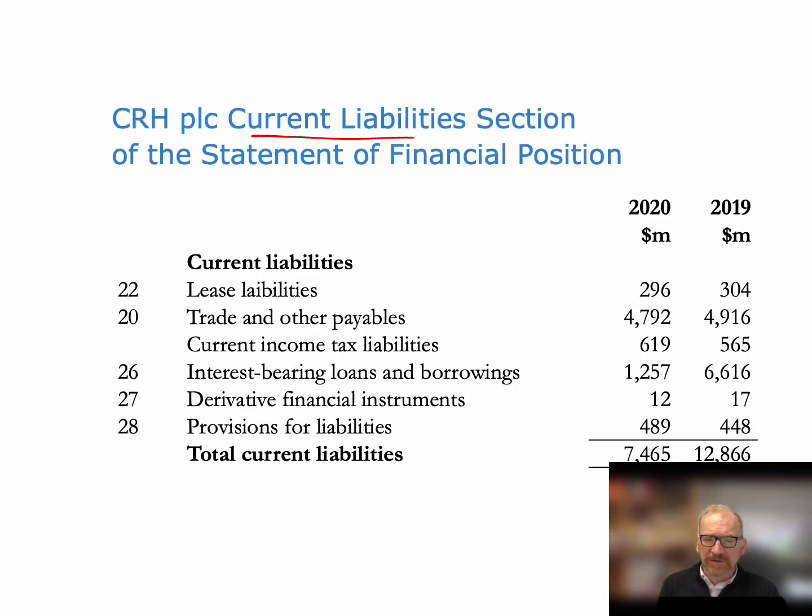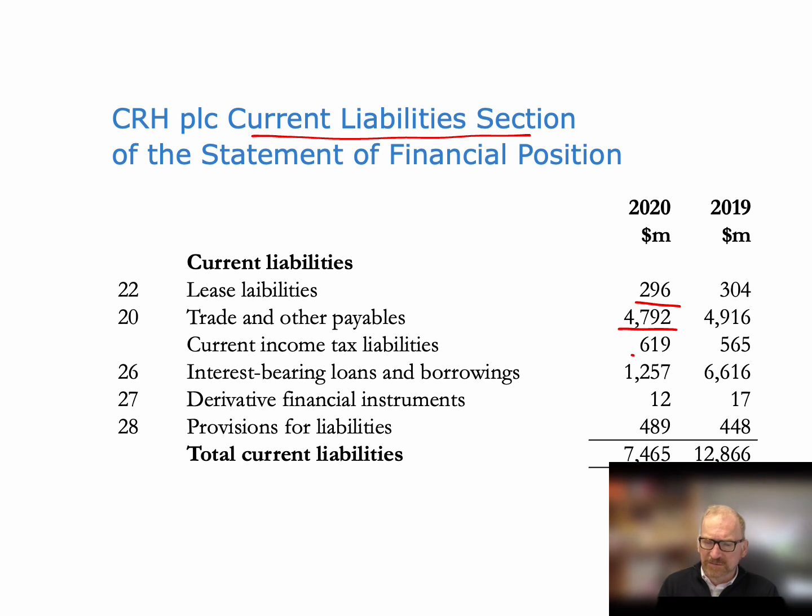Here's the current liabilities section of the statement of financial position for CRH. We have lease liabilities. These are liabilities for items that we have leased. Trade and other payables, 4.7 billion. As I said, these items are what we owe to our suppliers, so that's quite a lot of money in CRH's case.